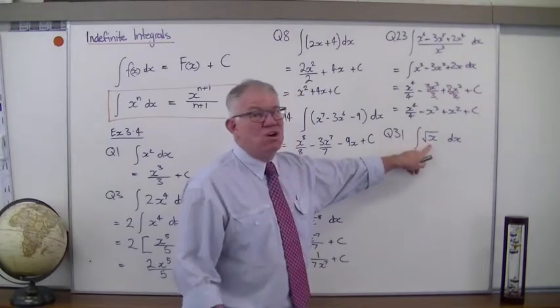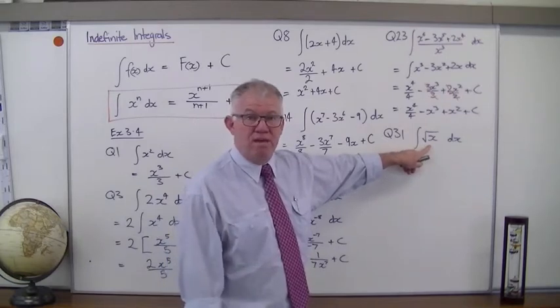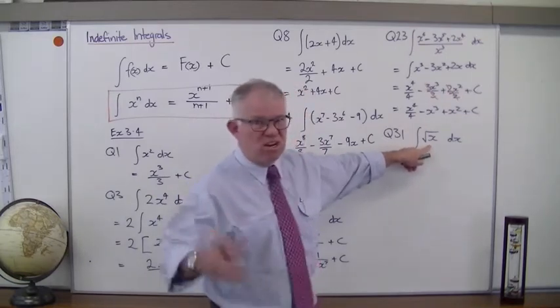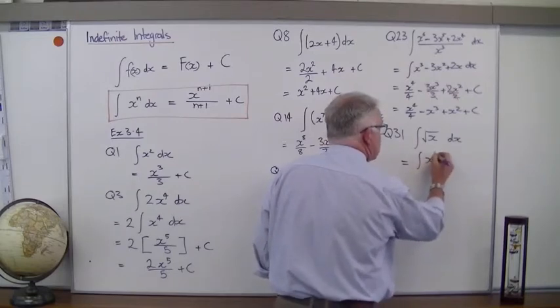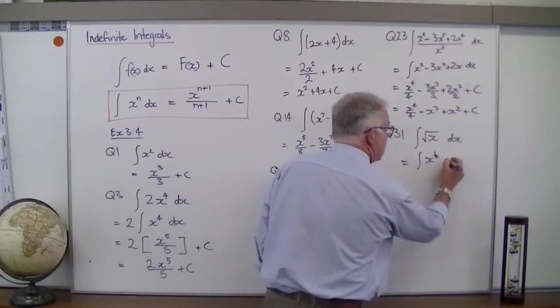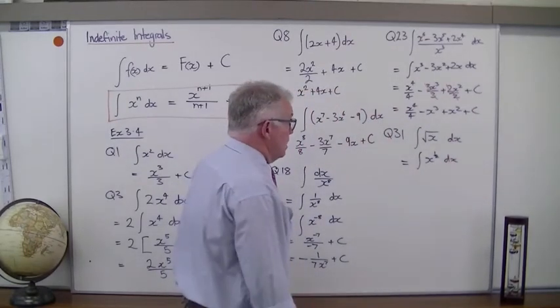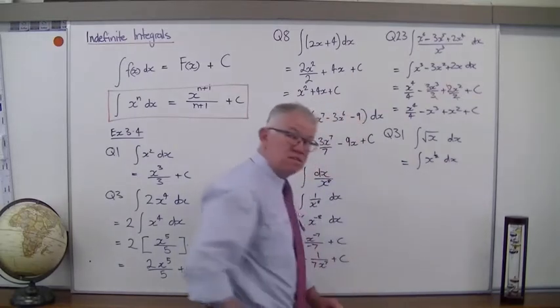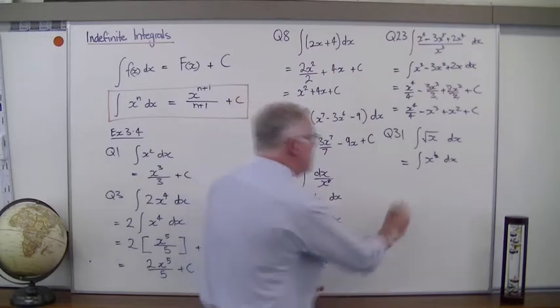It's not hard to do, but it just means it's another thing that you're manipulating in your brain to try and get to the answer. So let's try and overcome that by actually writing it immediately in index form. The square root of x is x to the power of a half, and we're integrating that with respect to x. That's what the dx is telling us. We're integrating that function with respect to x.